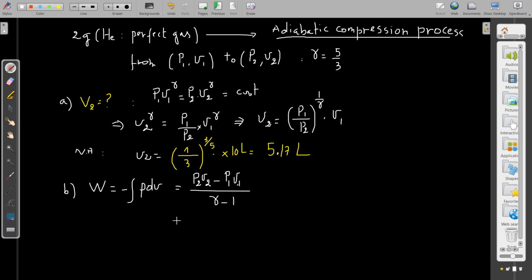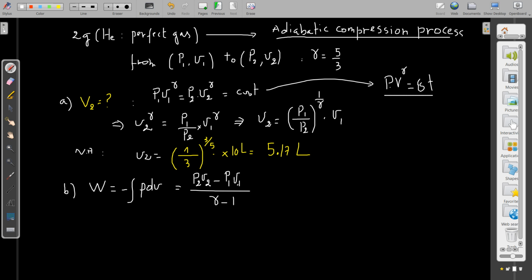And if you need to find this expression, you have to integrate this form with P being constant over V to the power of gamma, because the rule PV to the power of gamma is a constant. All of this because the process is adiabatic.